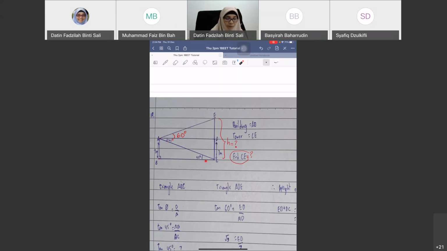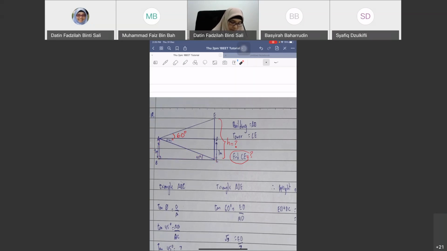We can find BC because we have this 45 degrees and the length here is given as 7. So we can find BC by using the trigonometric ratio of tangent 45 degrees, which equals AB over BC.